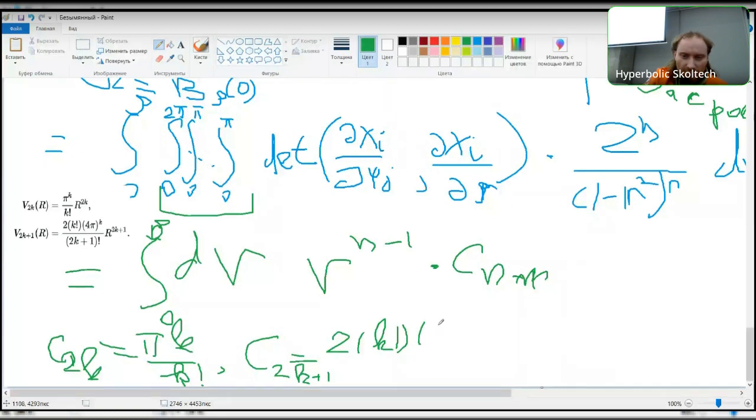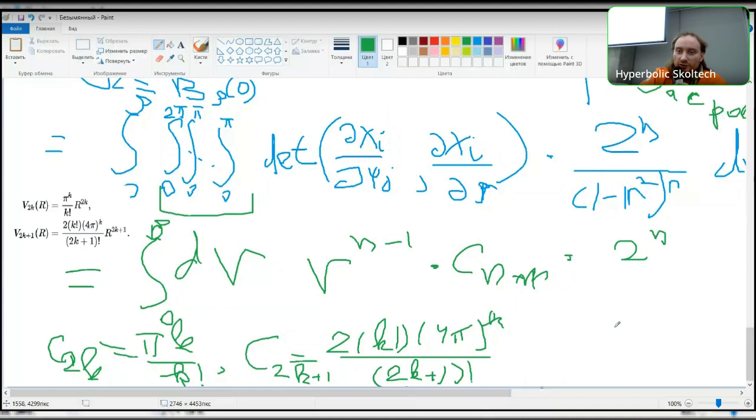K factorial 4 to the power k divided by 2k plus 1 factorial. Actually, yeah, it comes like this. So this is just a constant. So this constant is from the Euclidean ball, since the computation is the same, and multiplied by 2 to the power n from here, divided by 1 minus r squared to the power n dr.